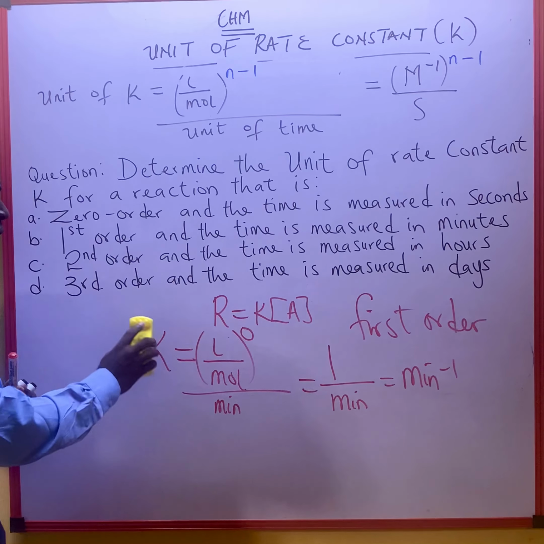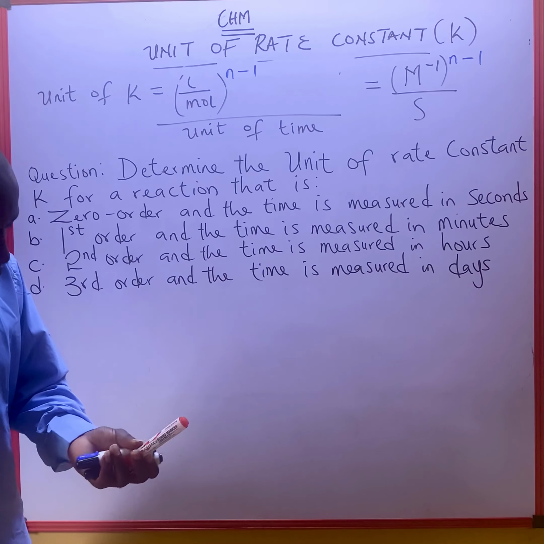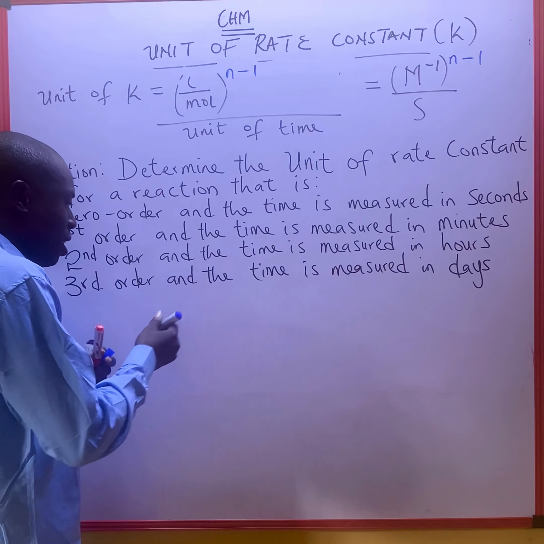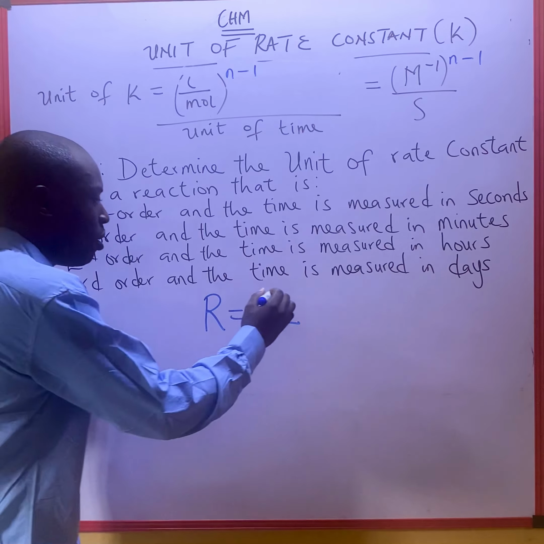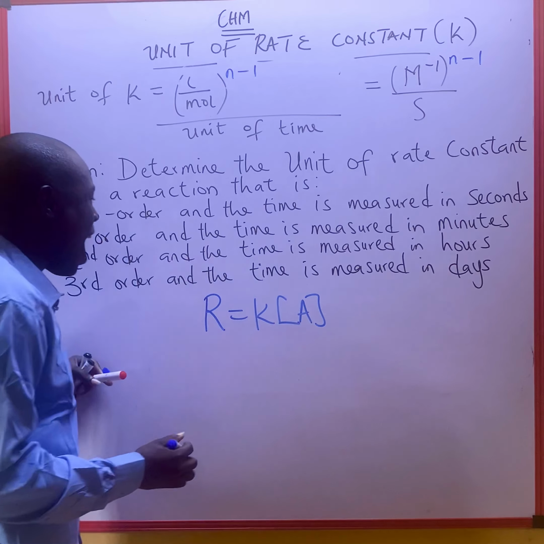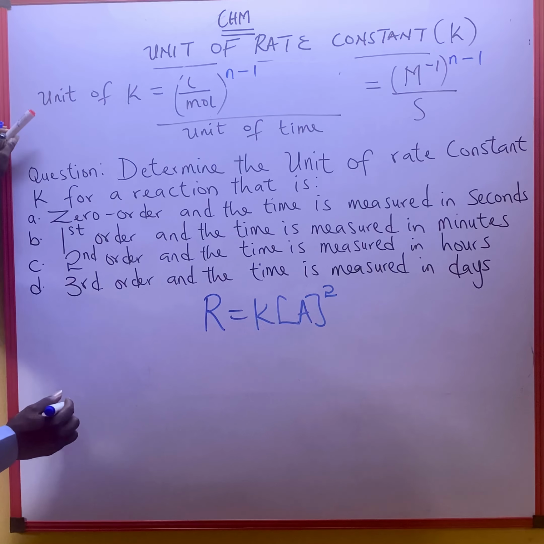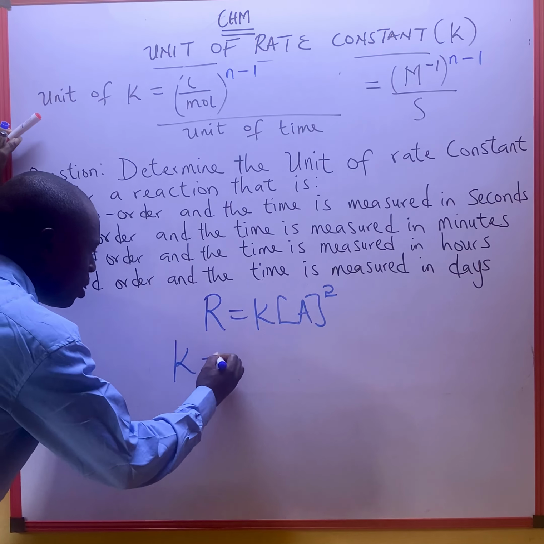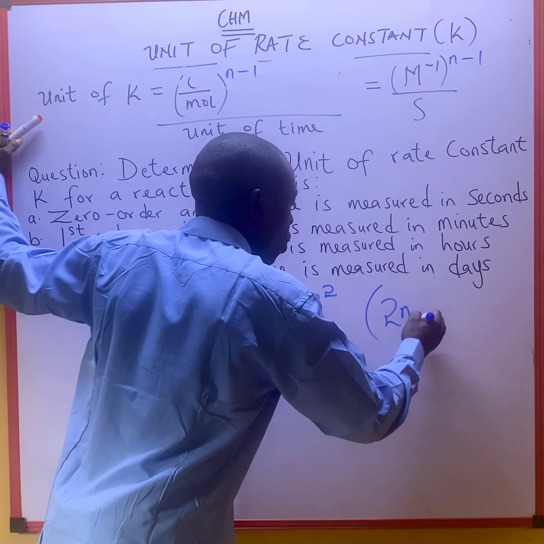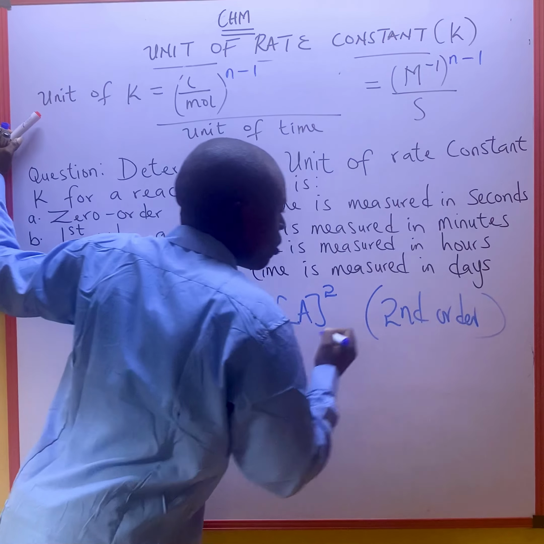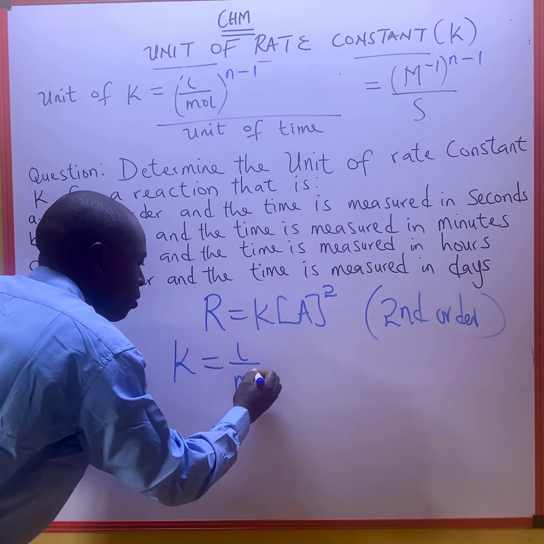Now, the second one, which is for the second order. R is equal to K times the concentration of A, and the power is 2, second order. So let us address this one. K, the rate constant for a second order: liter per mole.